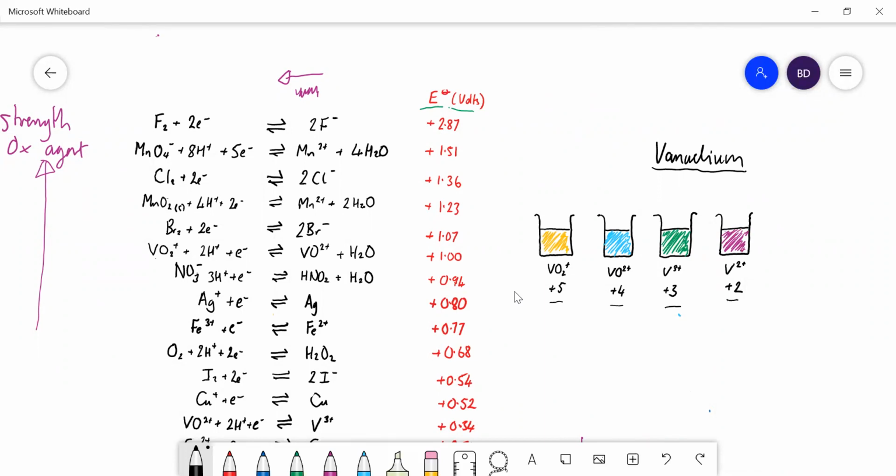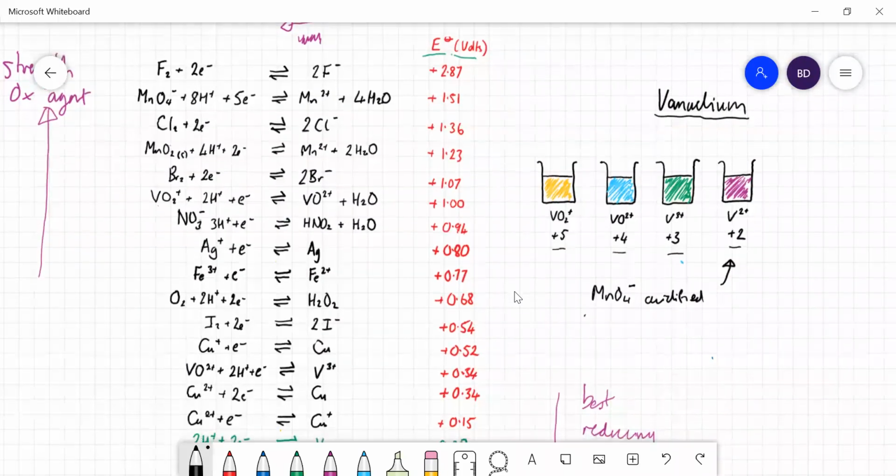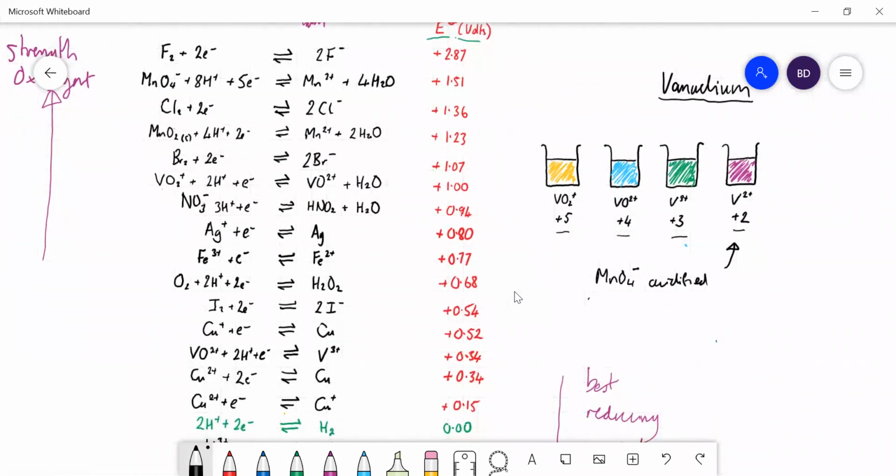Now the question is, if we add some acidified manganate, MnO4-, to vanadium 2+, what, if anything, will happen? We need to look at a few different equations. First of all, the half equation we're interested in is this manganate one here.